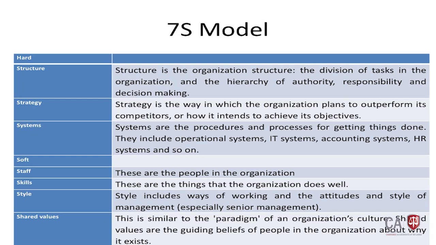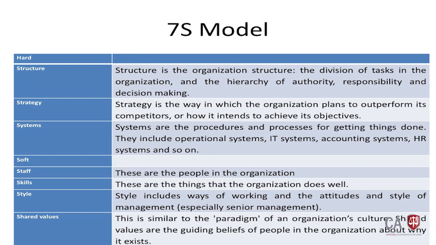This was identified as a hard element. Why? Because normally you can identify what type of structure you have. For example, you know who is at the top, the CEO, what the divisions in the organization are, who can be found in each division, and relationships can be found.